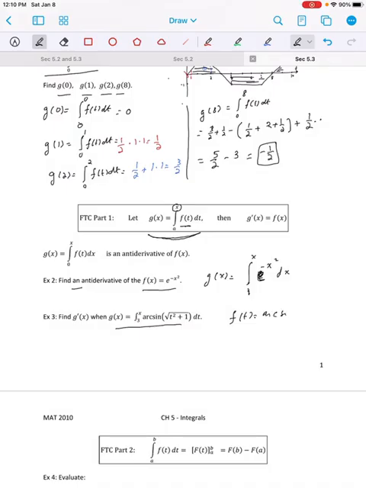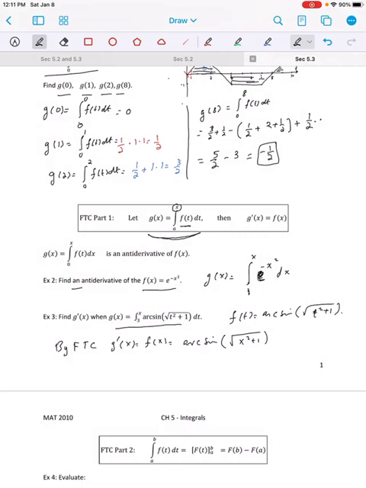And by FTC, g prime of x is equal to f of x. So it will be arc sine of square root of x square plus 1. That's it. We are not integrating anything. We are not differentiating anything. Just using the definition of the fundamental theorem of calculus.